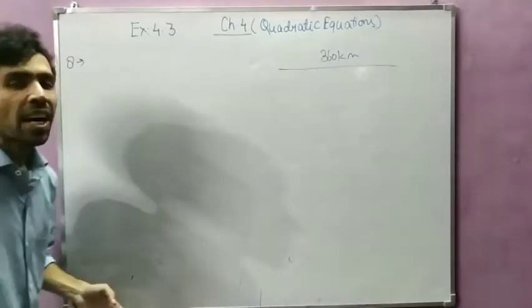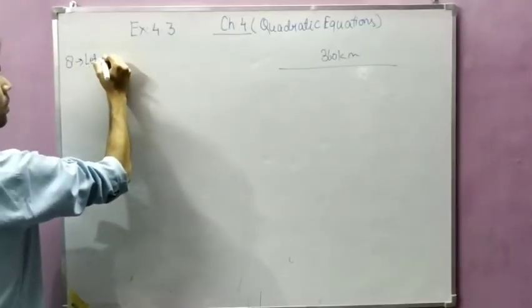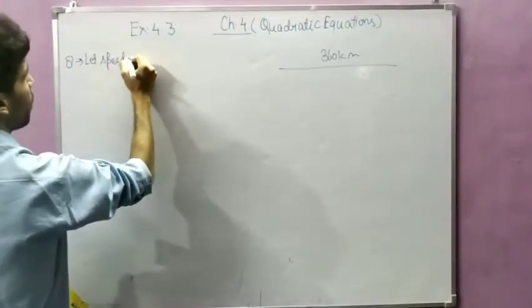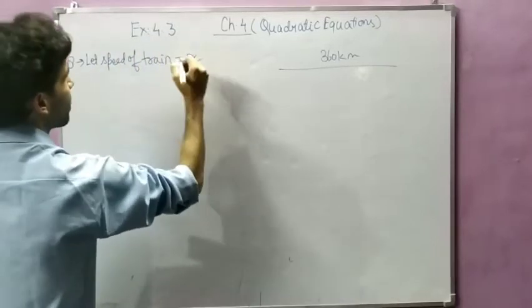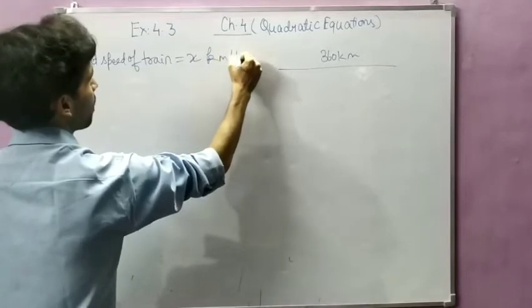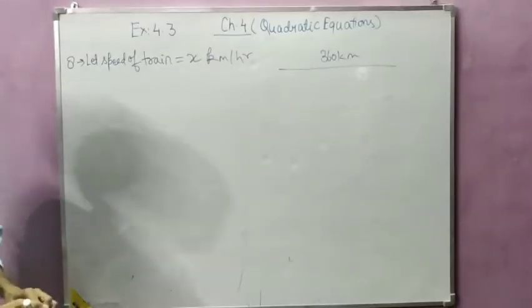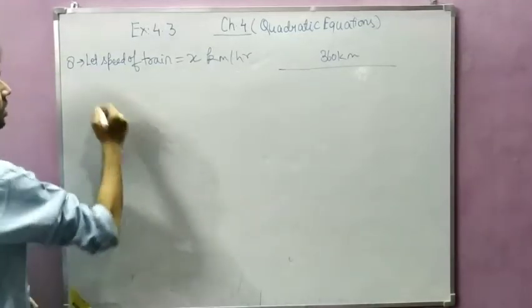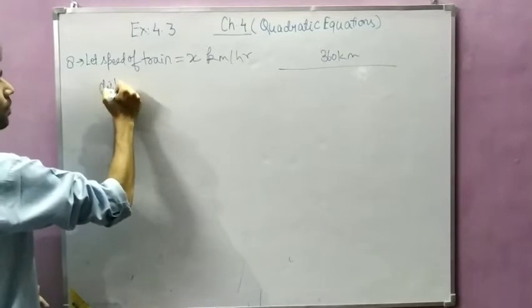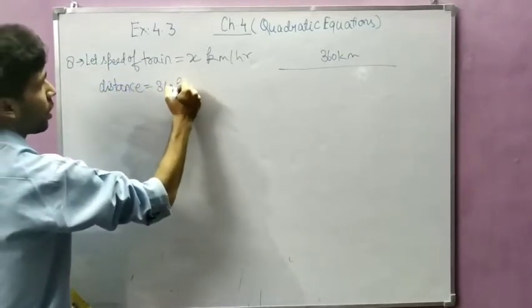So whatever question is asking, just assume it. Let speed of train is equal to x kilometer per hour. Okay, speed of train is x kilometer per hour, and what is the distance? How much distance it had to cover? 360 kilometer.